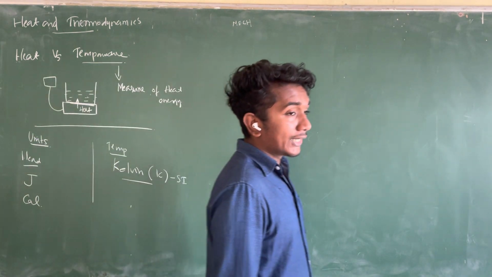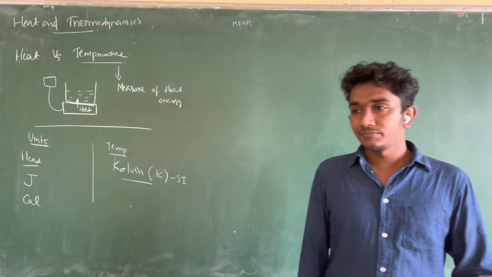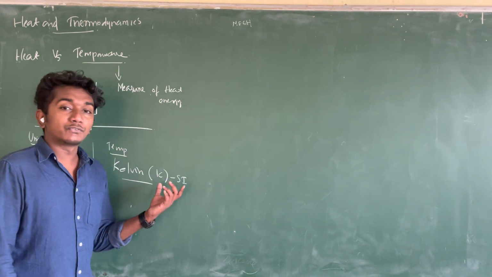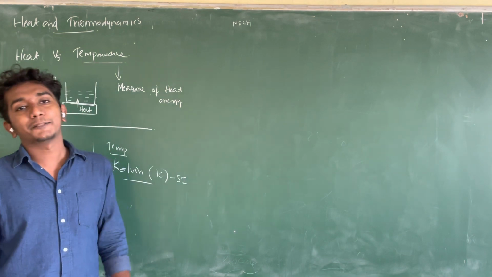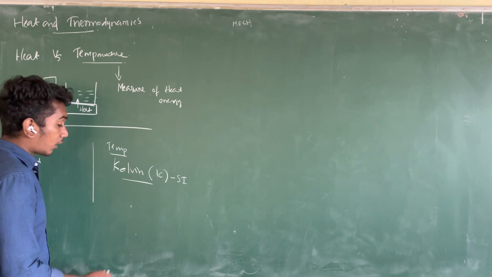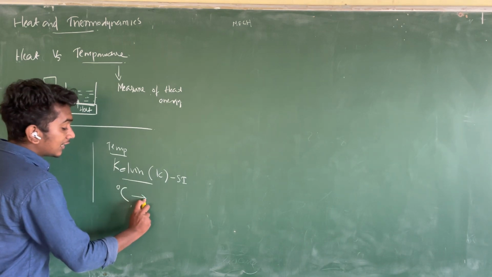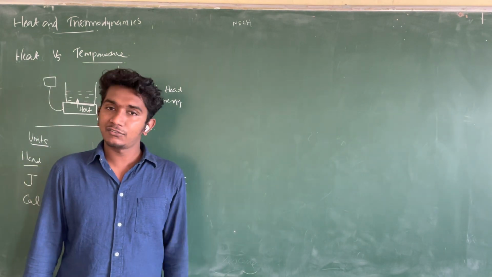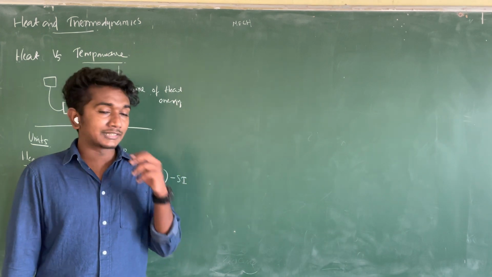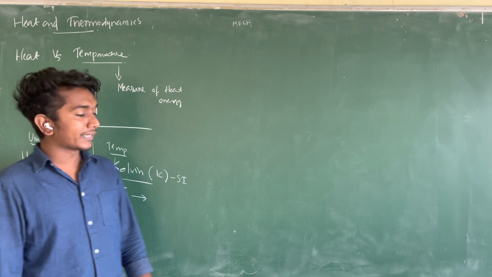You know that in our day-to-day life we don't use Kelvin. Kelvin is mainly for our physics problems. Degree Celsius is for our day-to-day life, for example our weather, how many degrees Celsius it is.